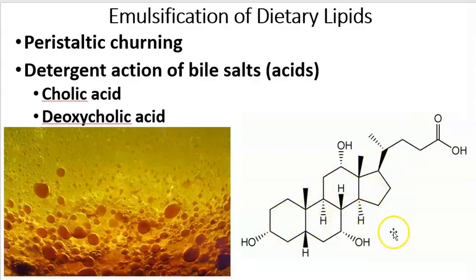So the polar groups lie on one side and the other side can interact with the lipids, so then it can break down fats into these smaller bits and help to break them apart so that we don't have these big droplets, because our enterocytes cannot take up giant droplets of fat. They have to be broken down into smaller components and subunits.